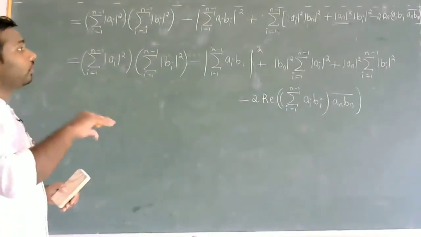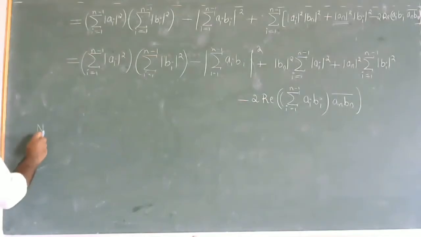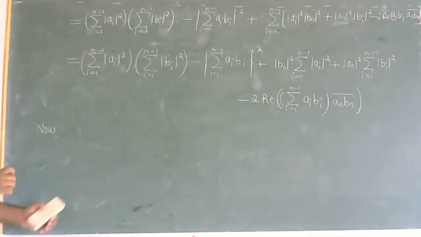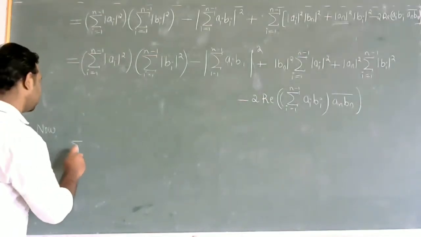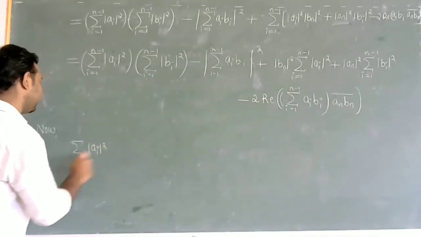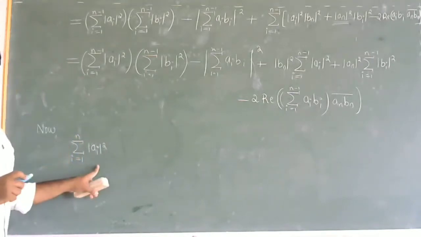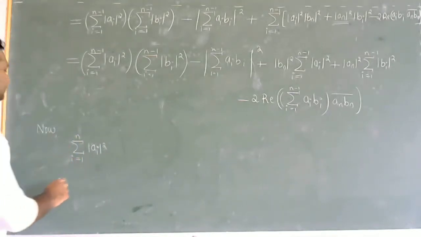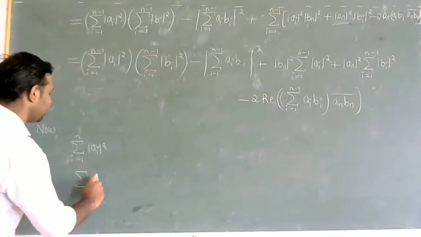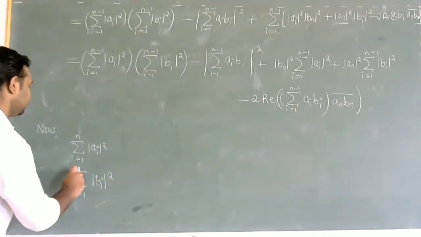So focus on those terms, and for that I'll consider summation modulus of ai whole square, i running from 1 to n. So this is the term which I have to get in the right hand side, and the term modulus of bi whole square, i running from 1 to n.